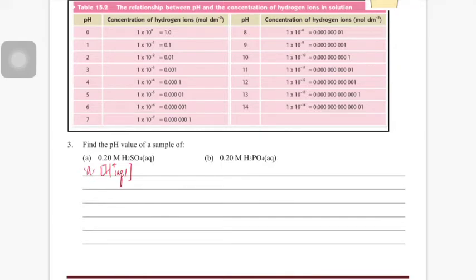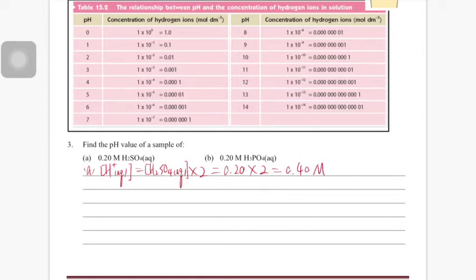So it should be the concentration of sulfuric acid multiplied by 2. So it will be 0.20 multiplied by 2. That gives you 0.4 molar.